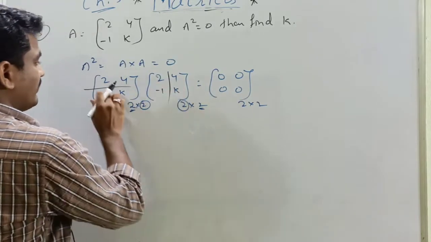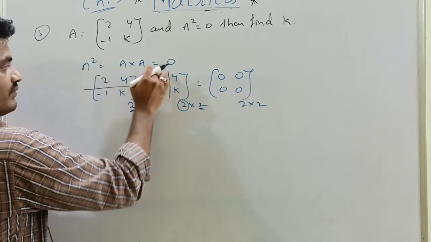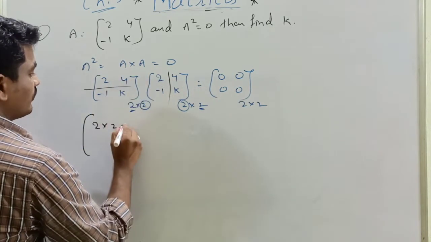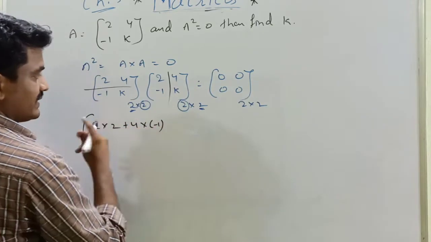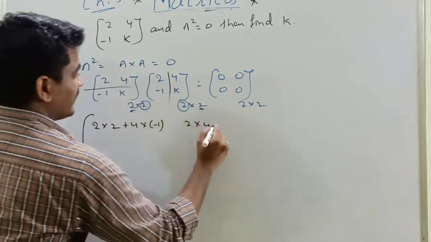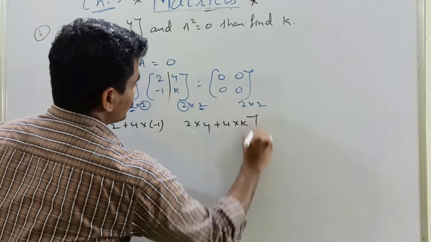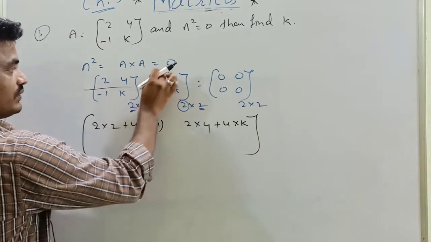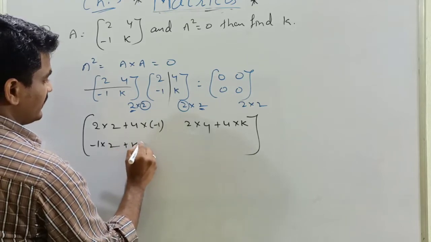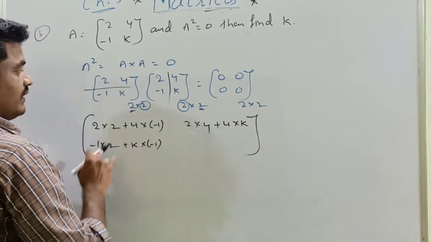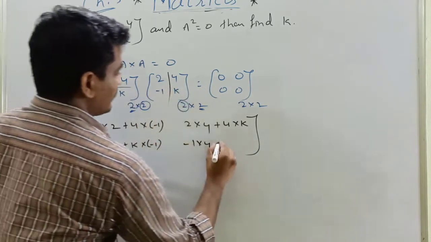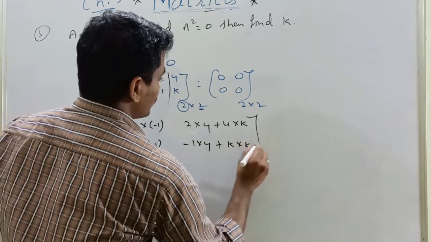Now we do the multiplication. First row, first element: 2 into 2 plus 4 into minus 1. Next, 2 into 4 plus 4 into k. Next, minus 1 into 2 plus k into minus 1. Again, minus 1 into 4 plus k into k.